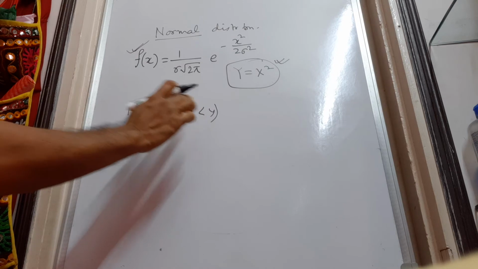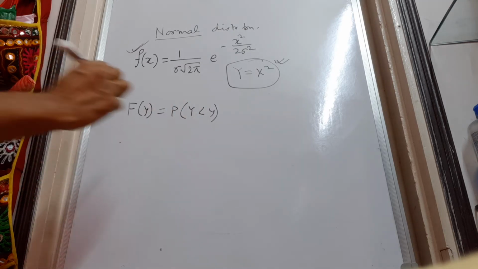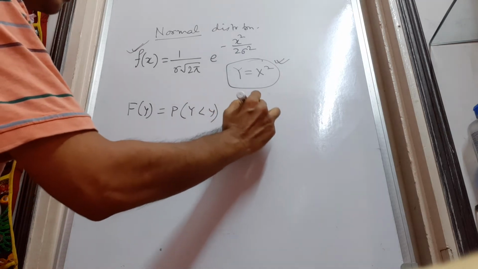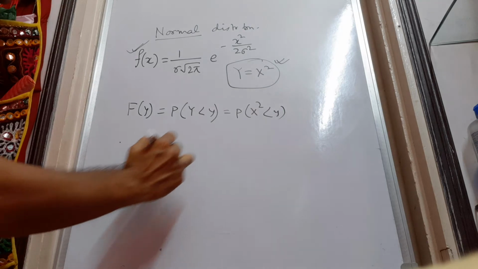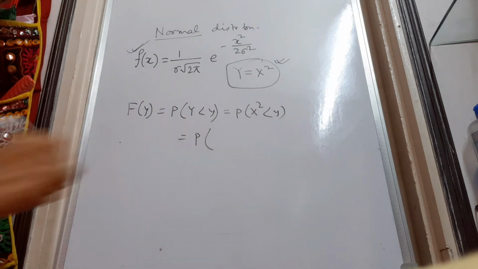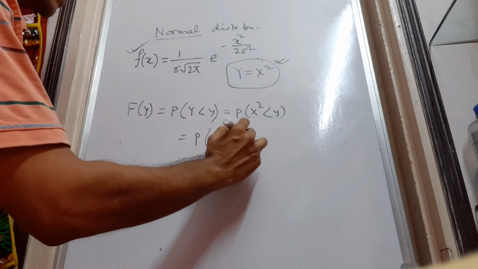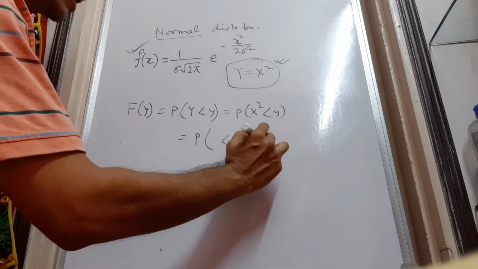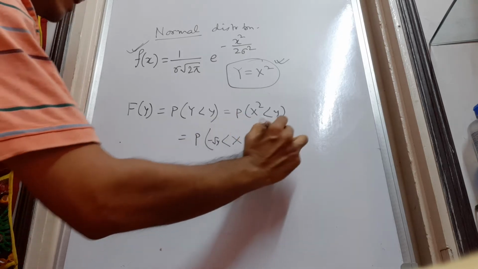Sorry, this is strictly less than. So, this gives us probability of x square less than y, and we can easily write this as probability of capital X lying in between plus root y and minus root y.